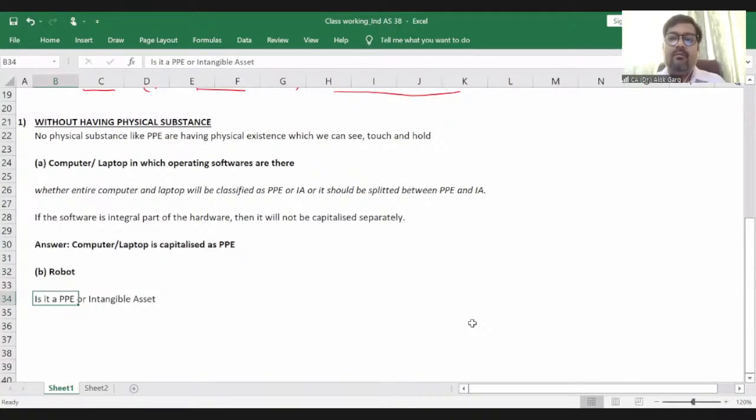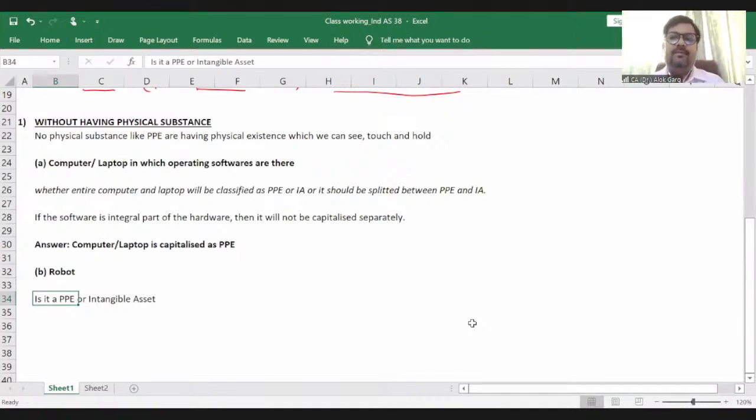Why? Because you are looking at Alexa as a tangible item, where you will say that yes, a physical substance is there. But going by substance over form, what is there in Alexa? There is a program, there is knowledge which is embodied in Alexa, right?